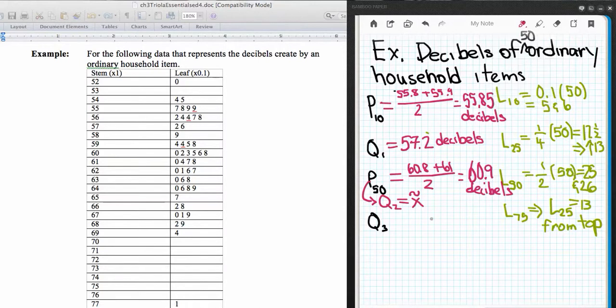So my Q3 here is 64.6, and those would be in decibels as well. So those are the quartiles and the percentiles that I had asked you to find for these particular data points. Hopefully you did a pretty good job of those and were able to find them with ease.